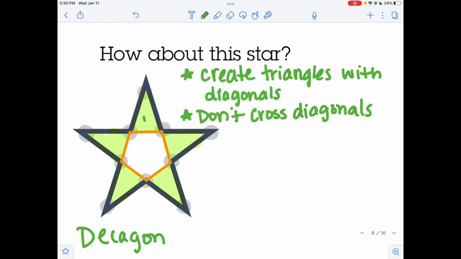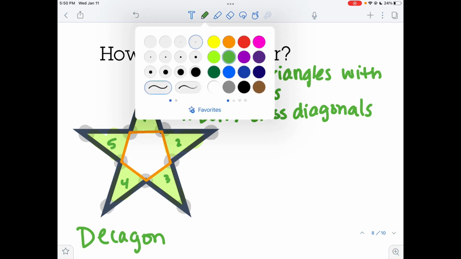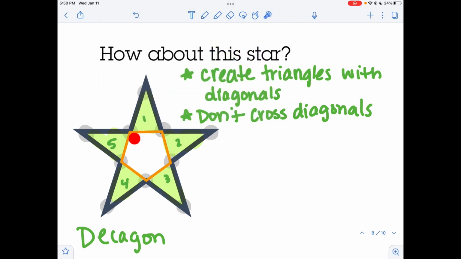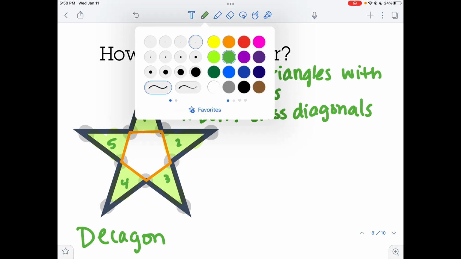We'll write in 1, 2, 3, 4, 5. But this inside part, I want to make sure you see this. I still have parts of the angles that we need that aren't accounted for. Some of those gray circles are not in triangles yet. But this center shape, I actually just made a pentagon inside my star.